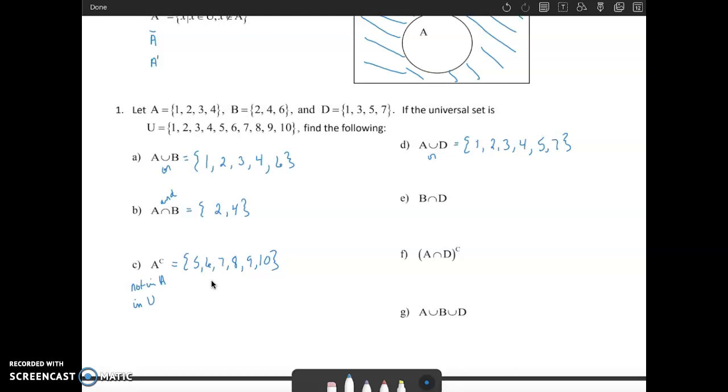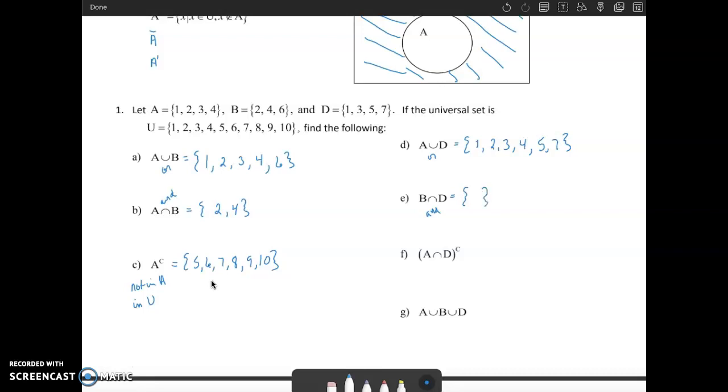What's in B intersect D? So keyword being "and" here. So I set up my bracket for my set. What elements are in both B and in D? B is 2, 4, and 6, and D is 1, 3, 5, 7. So I didn't say any number 2 times. There's no element at all that's in common for these 2 sets.